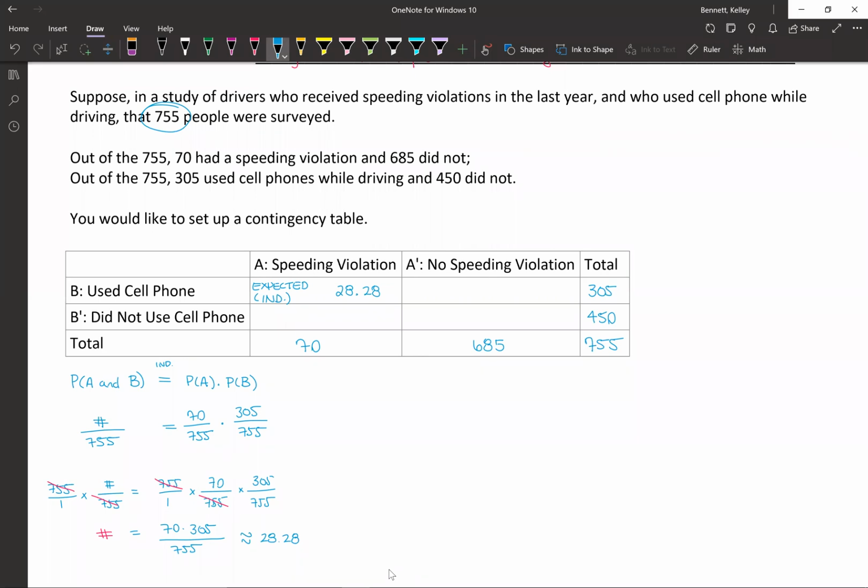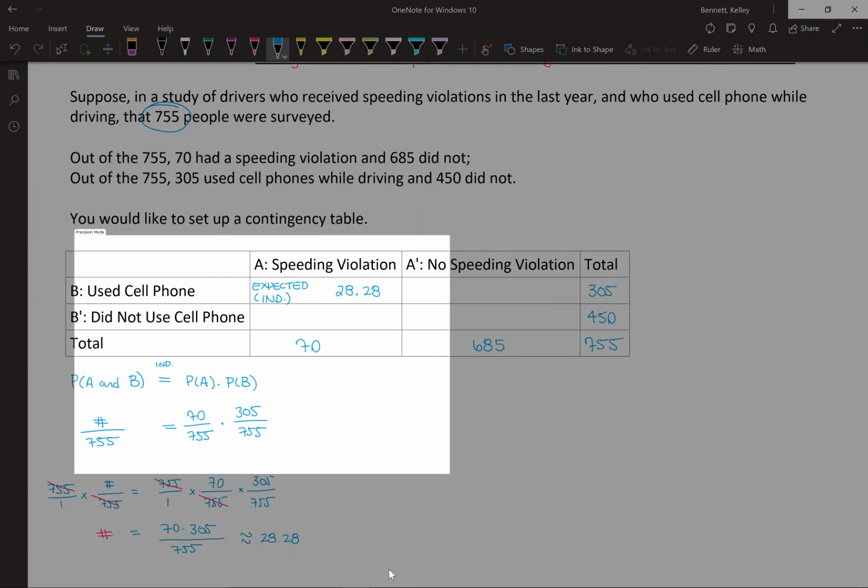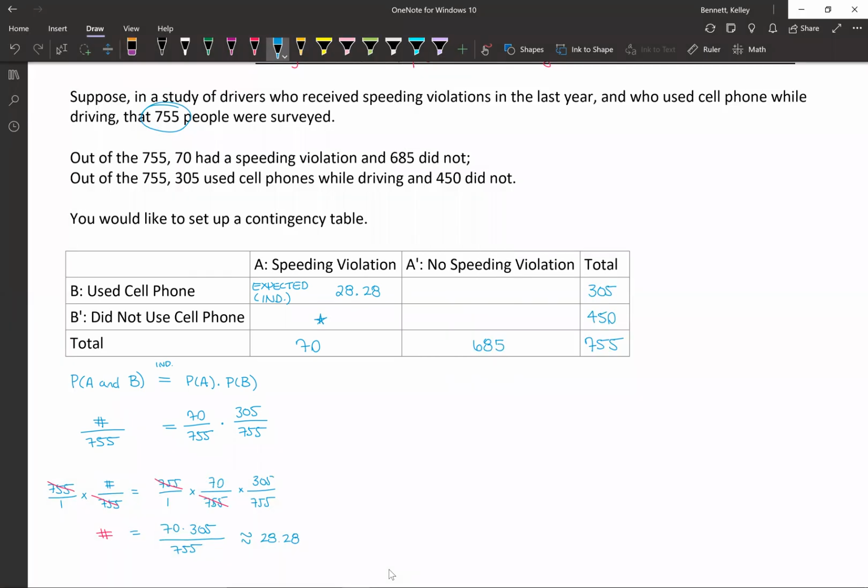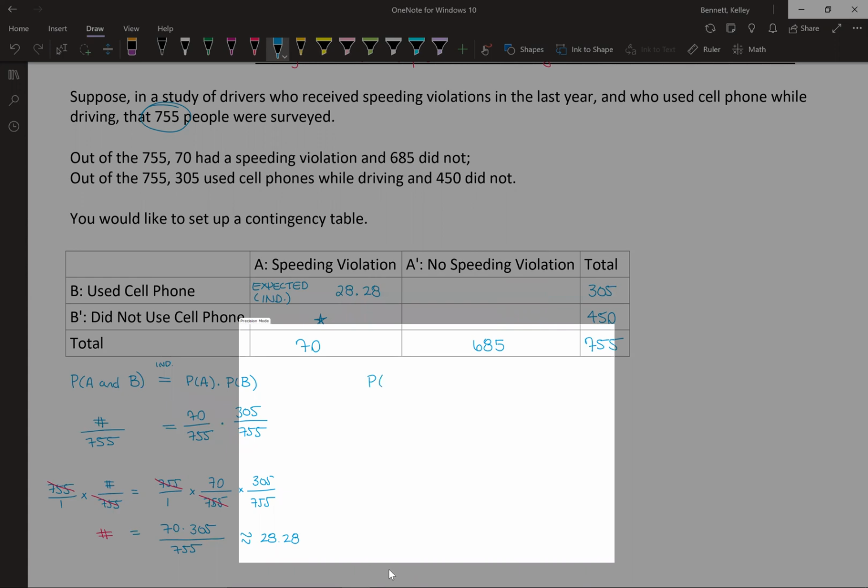I can do this for every single value in the box. So for example, if I wanted to do did not use cell phones, but also had a speeding violation, namely if I wanted to do this guy here, then I would do the probability of A and not B. So this is going to be equal to whatever that count is over 755.